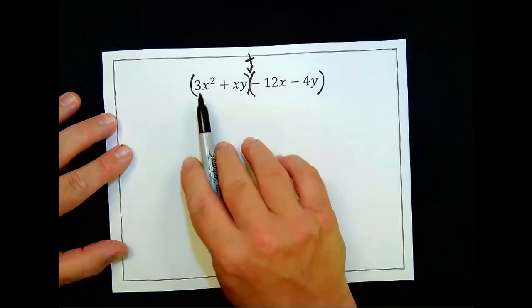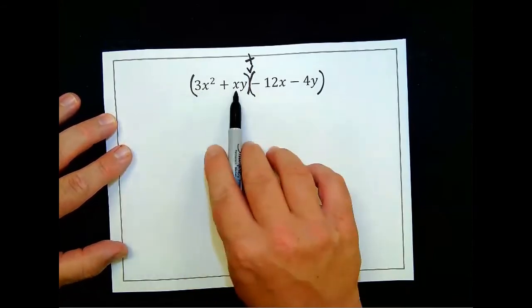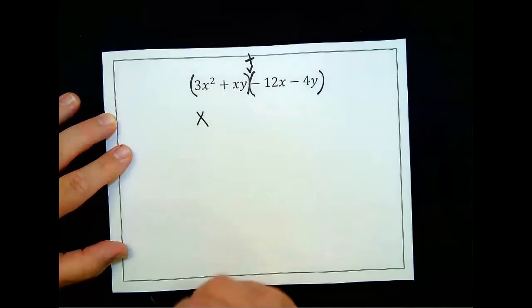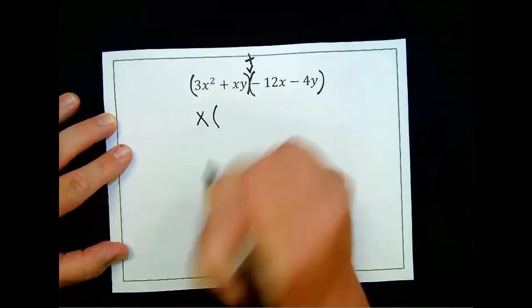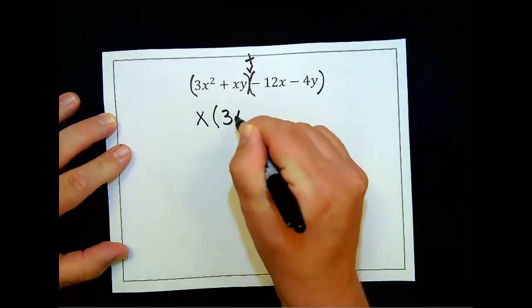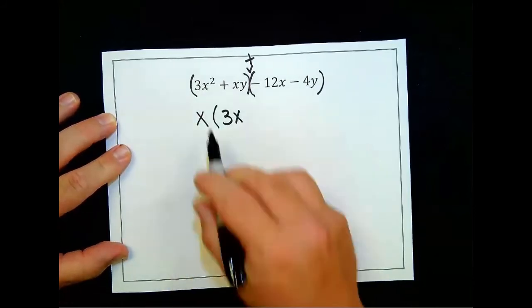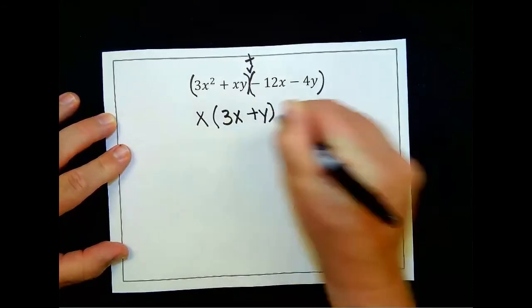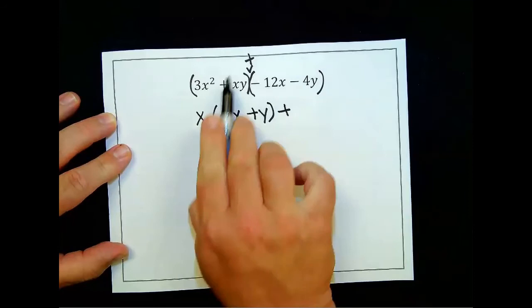So in this first one, they both have an x in common, so I can factor it out. They don't have anything else. If I factor an x out of 3x squared, I end up with 3x. And if I factor an x out of xy, I just end up with y. There's that little plus I put in there.